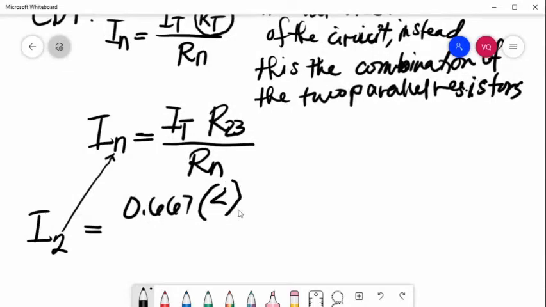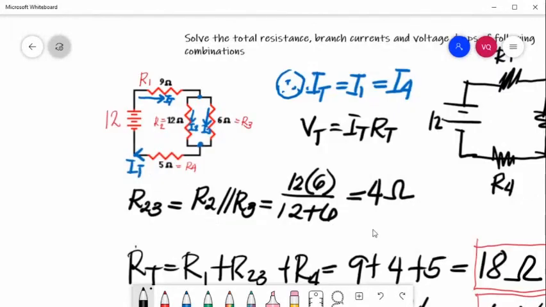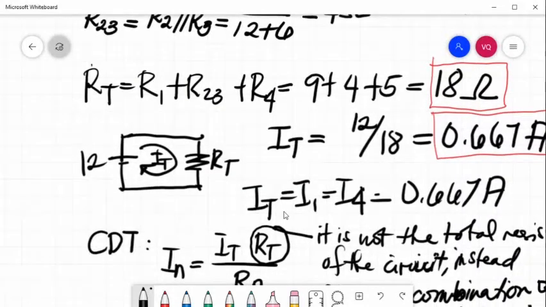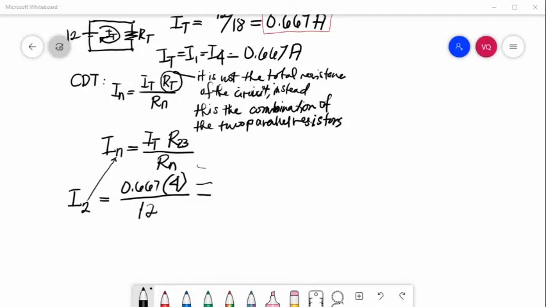So, 4 ohms divided by the resistor in I2, that is your R2, which is equal to 12 ohms. So, I2 is 0.222 ampere.